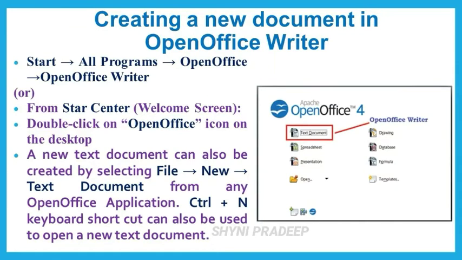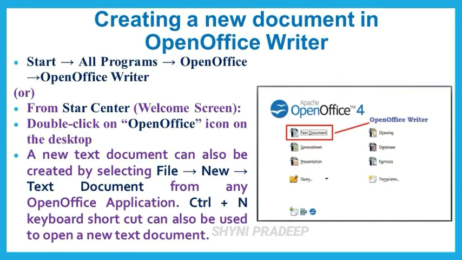First you have to click on the start button and select all programs option. After that select OpenOffice. After that select OpenOffice Writer. This is one way. Another way is just double click on the OpenOffice icon on the desktop. Now the welcome screen will appear on your screen. The opening screen is called Start Center. After that you have to create a text document.